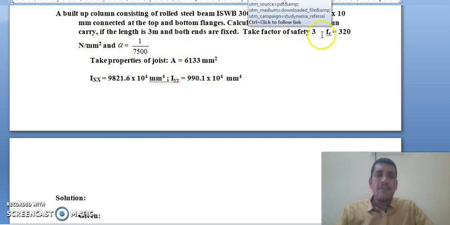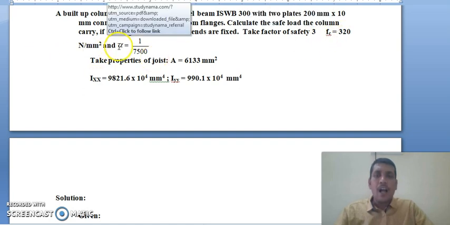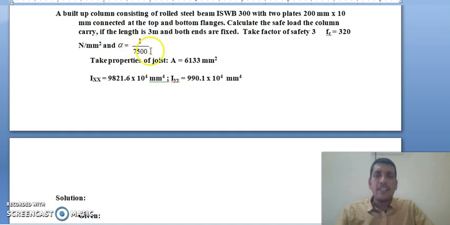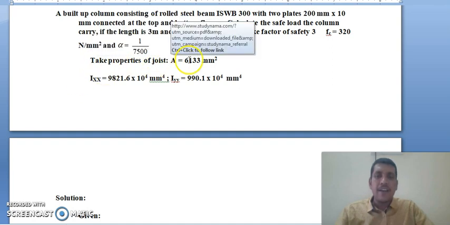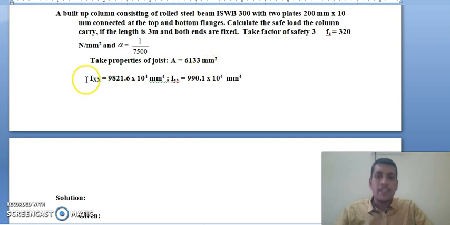Take factor of safety 3, Fc equal to 320 Newton per mm square, alpha equal to 1 divided by 7500. So the property of the joist area is given as 6133 mm square. Ixx is 9821.6 into 10 to the power 4 mm power 4. Iyy equal to 990.1 into 10 to the power 4 mm power 4.